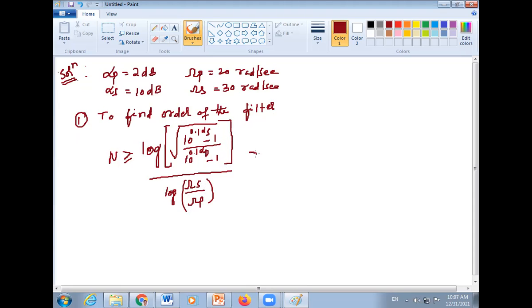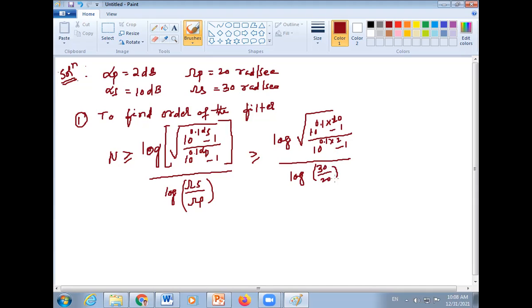So we will have n greater than or equal to log of root of (10 to the power 0.1 into 10 minus 1) divided by (10 to the power 0.1 into 2 minus 1), divided by log of omega s by omega p, that is 30 by 20.